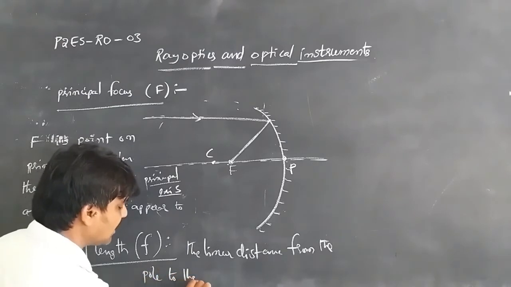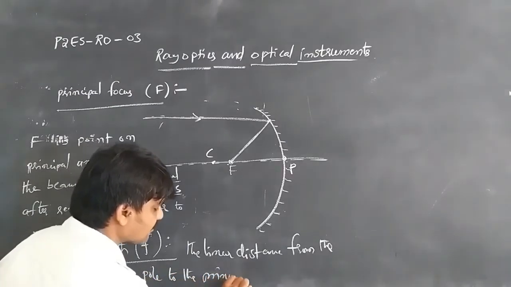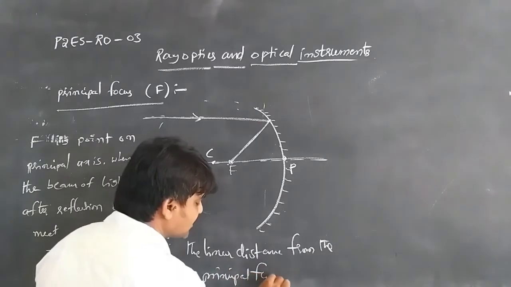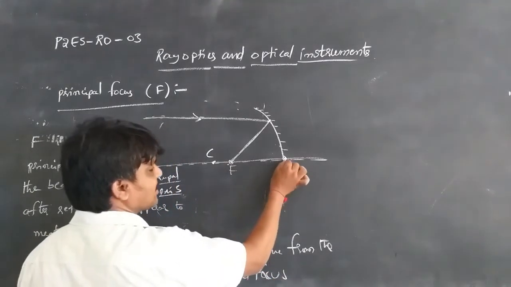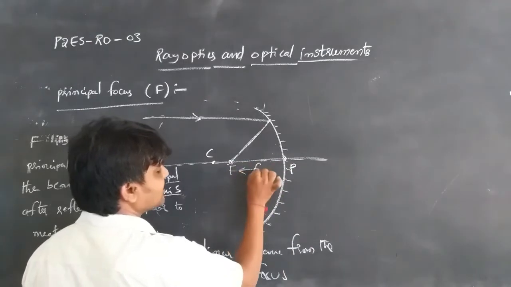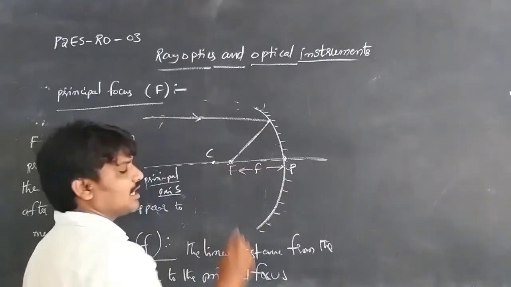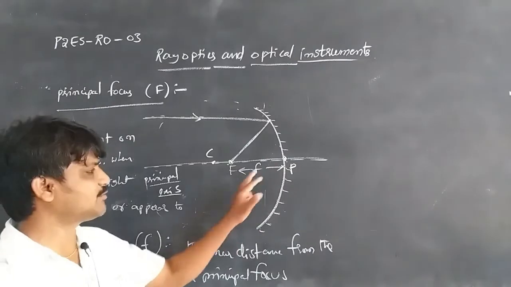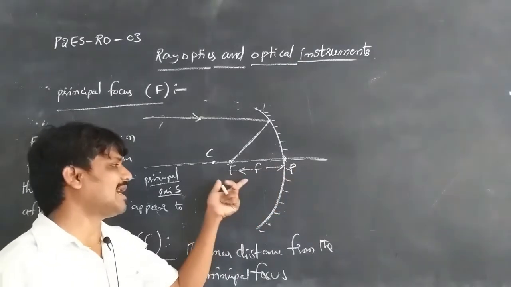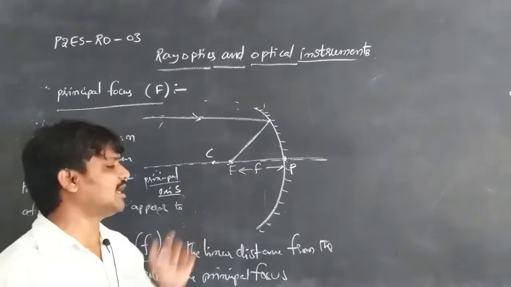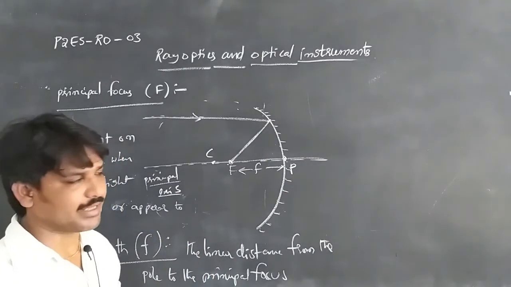The distance between the pole and the principal focus is called the focal length of the mirror.